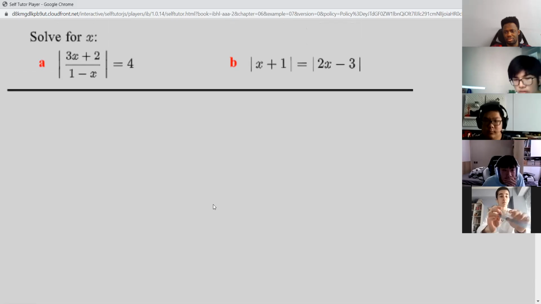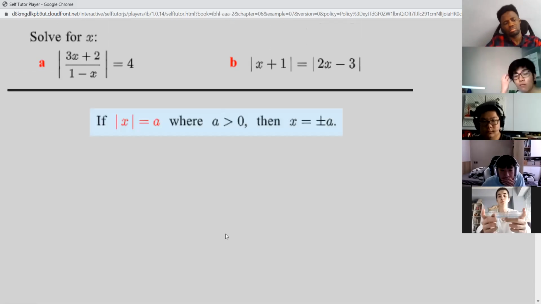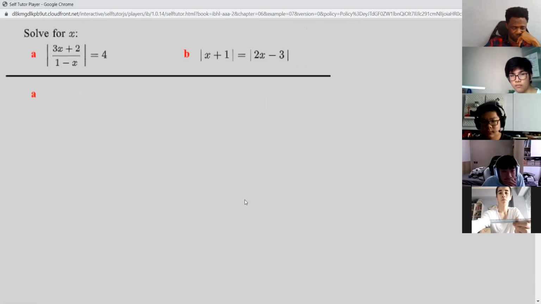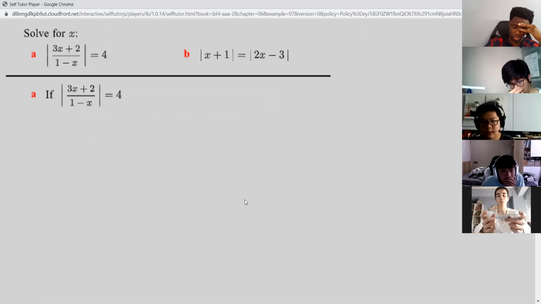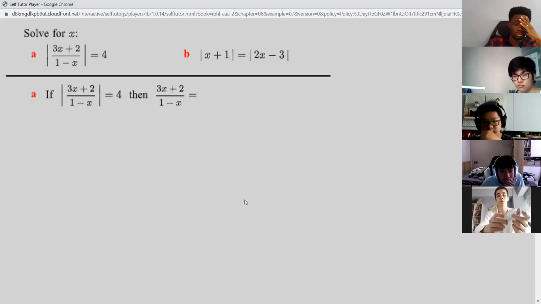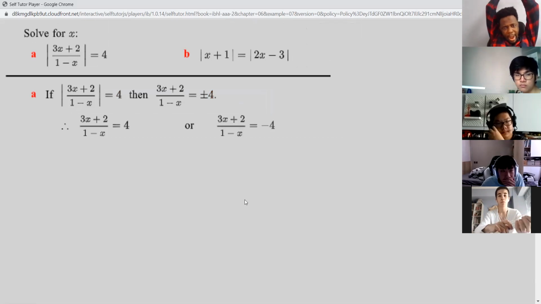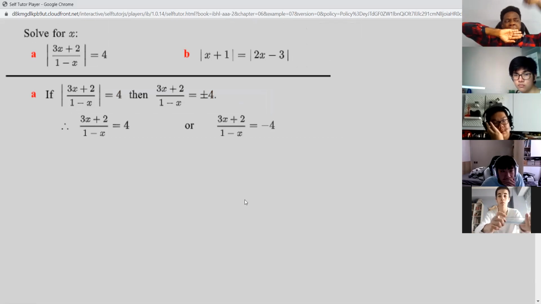Equations which involve the absolute value function or modulus function are called modulus equations. If the absolute value of x, or mod x, is a positive constant a, then x could be a or minus a. In part A, the absolute value of the fraction is 4, so the fraction could be 4 or minus 4. We can split this into two separate equations, each giving a possible solution.